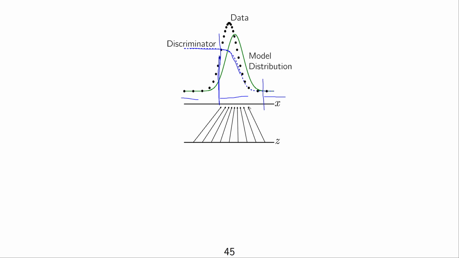In this area, the trickier part, p_model is a lot bigger than p_data, and therefore the discriminator outputs something fairly small. But in these areas, both p_model and p_data seem to be very small, so we cannot really observe the ratio of p_data divided by p_data plus p_model.